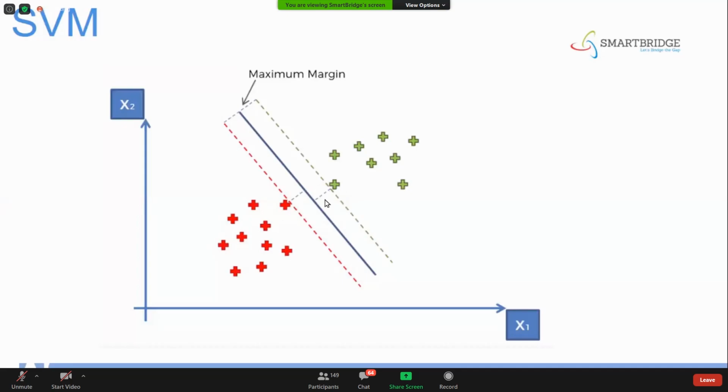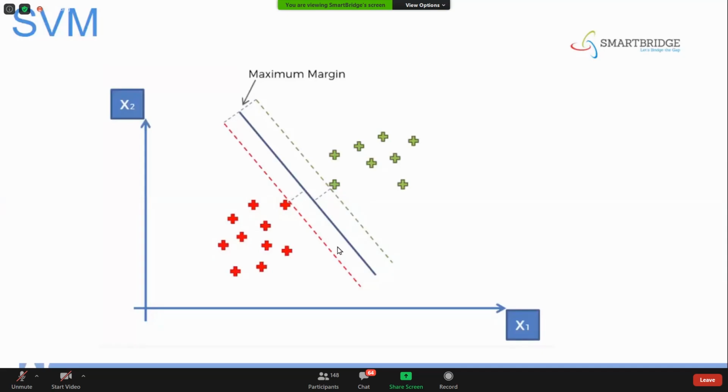You can consider these points as vectors. The reason it is called a support vector machine is that the hyperplane, or the best separation line, is created with the help of some support vectors.